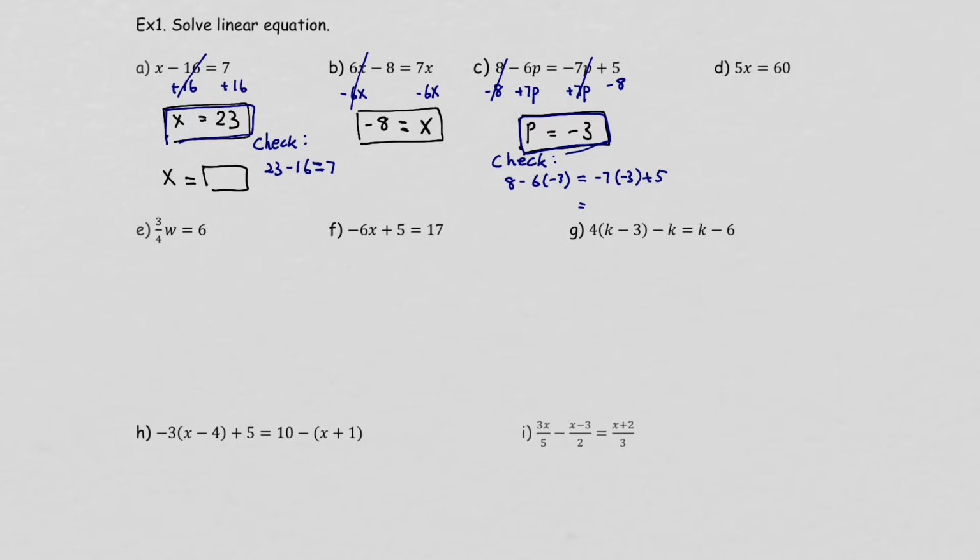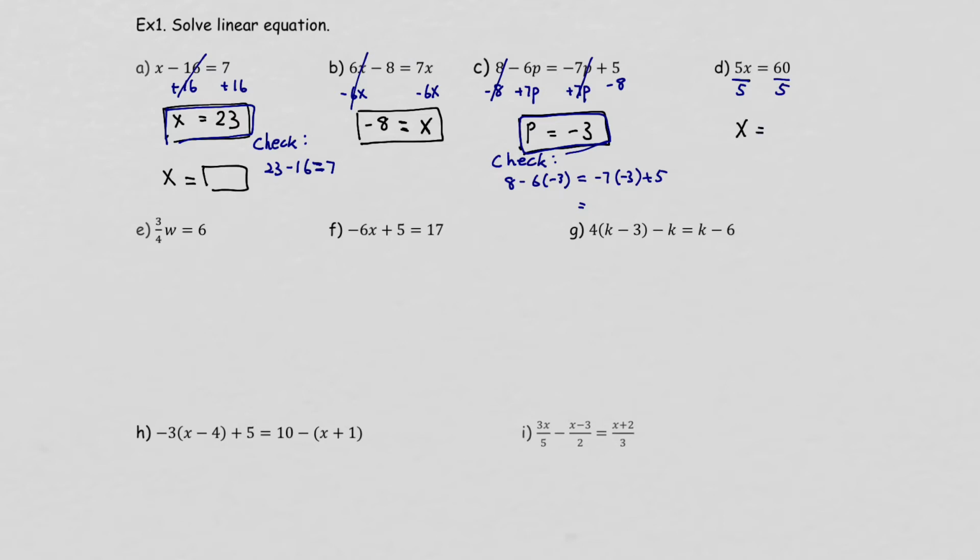Let's try the next one. This one, in order to get rid of multiplication, so trying to isolate x, you need to get rid of 5 by dividing by 5, right? So it makes it 5 over 5, which is 1, right? So it means you need to divide the other side by 5.